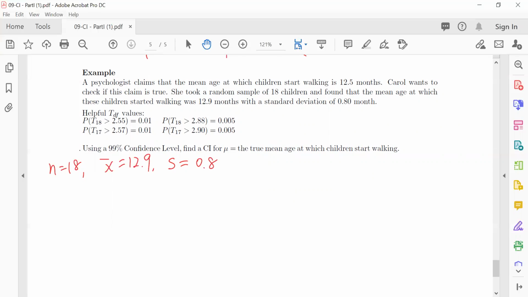The sample size n is not too big, but we could assume the population distribution is normal because this is the mean age at which children start to walk. So it's reasonable to believe that the population distribution is normal, at least symmetric. So we could go ahead and use our formula of the t distribution here.